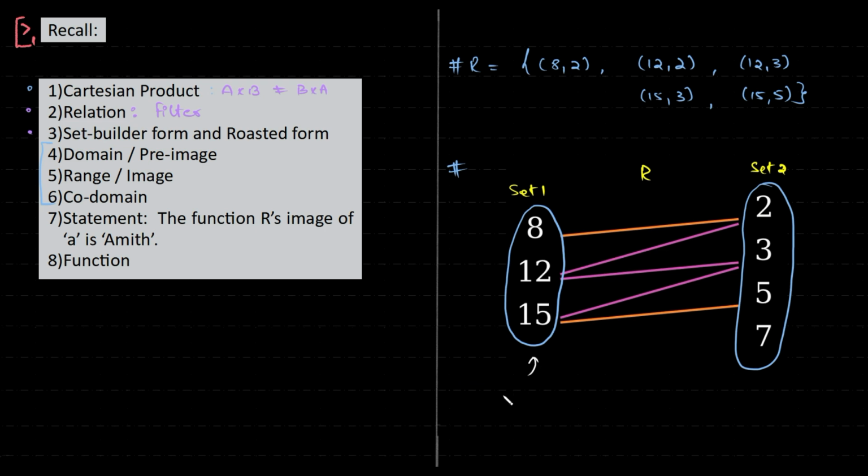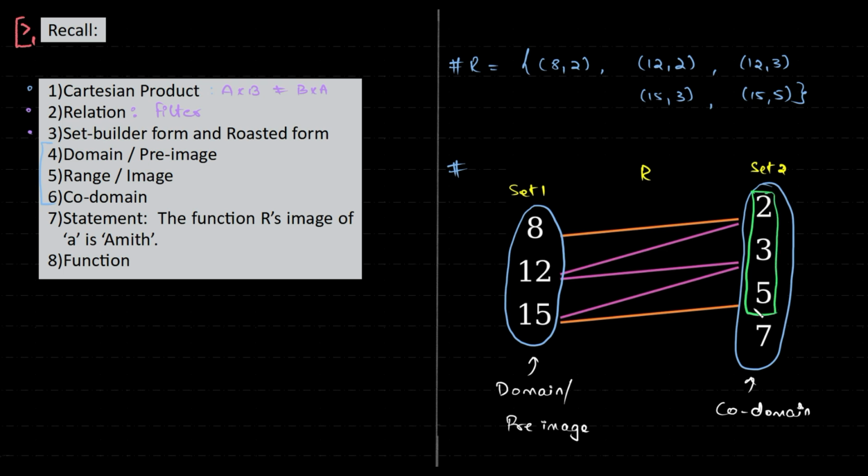This is your input set, that is all these elements are part of your input, so they are known as domain or pre-image. The elements which can be part of your output is your codomain. The elements which are actually part of your output, they have a different name.